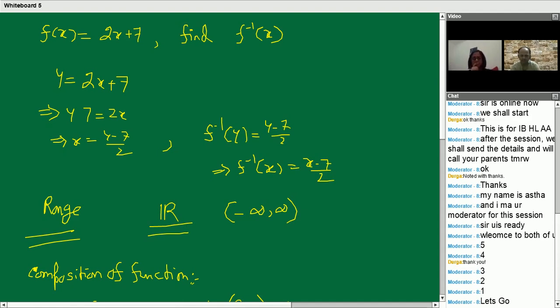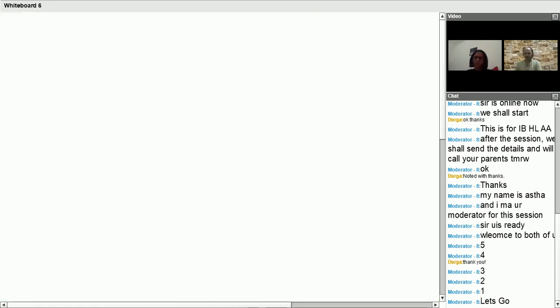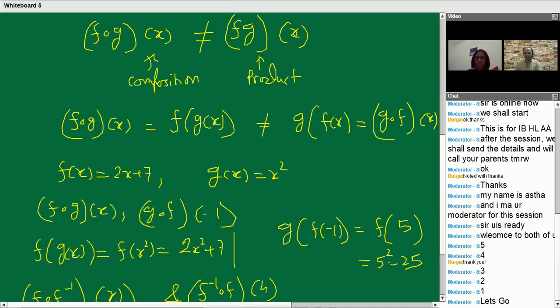It might be. But we can't assume anything. We have to show this. Why it would be, like you were saying, composing any function with its inverse will lead to only x. So we have to prove this. How can it be possible? Or at least graphically, or using a diagram, we have to show that.